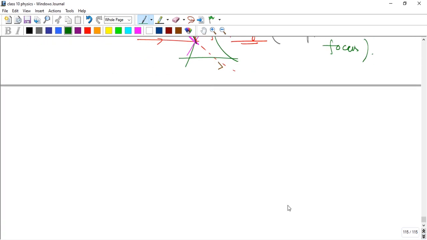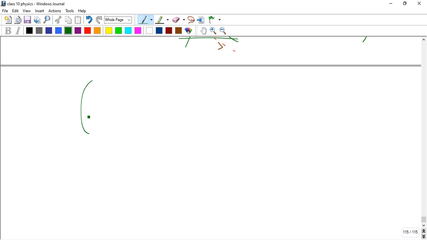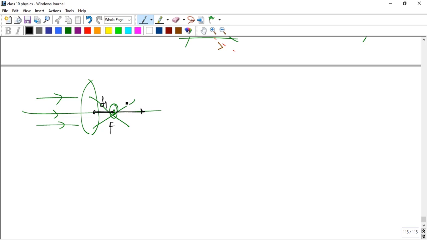If I consider that is for converging lens, that is incident ray, they meet here, so we get a first focus, and that length is called focal length. If double the length, so that is also focal length, that is a second focus. These lengths and these lengths are equal.